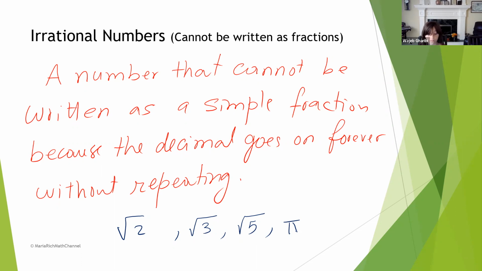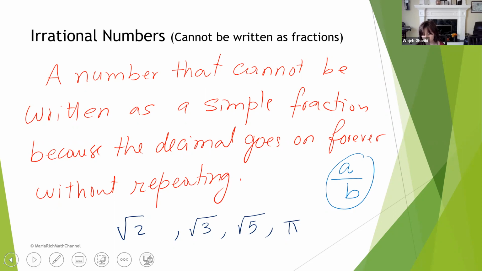So we cannot find two integers a and b such that a divided by b gives that number. Any number that cannot be written as a over b, with a and b integers, we call an irrational number.